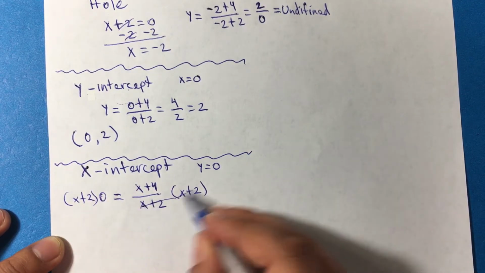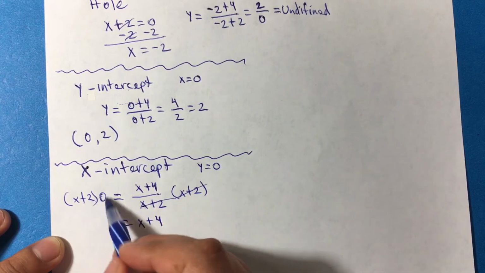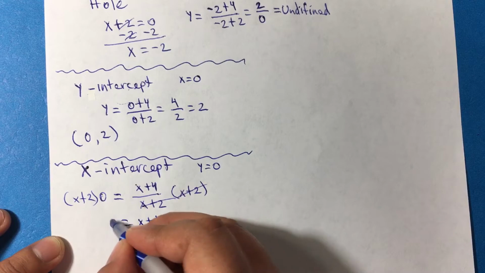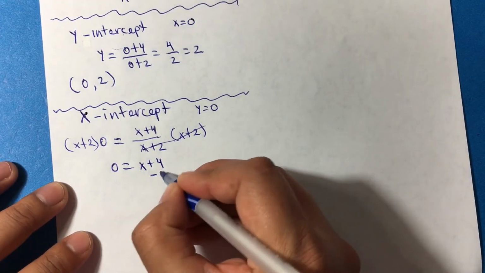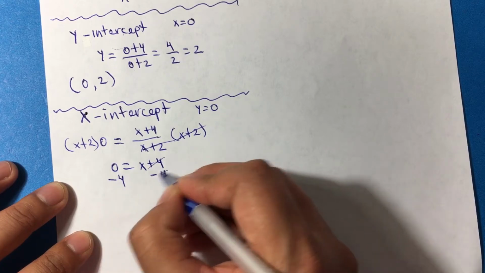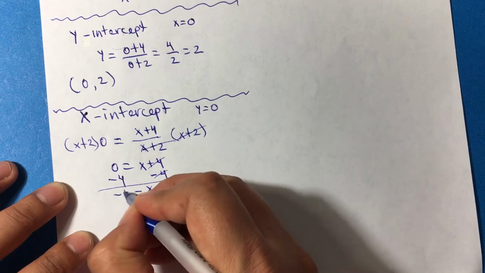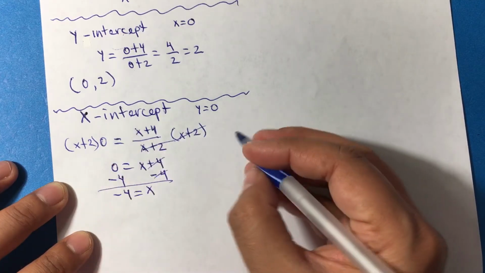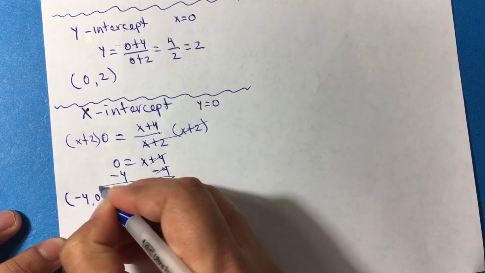This cancels, and I get x plus 4 equals 0, since 0 times anything will always be 0. Now we subtract on both sides to solve for x. And so x equals 0 minus 4, which is -4. So my x-intercept is at -4 for x, 0 for y.